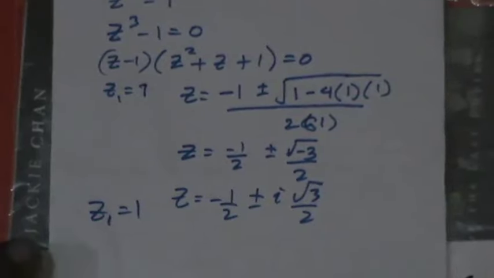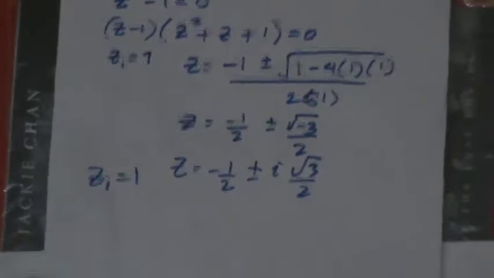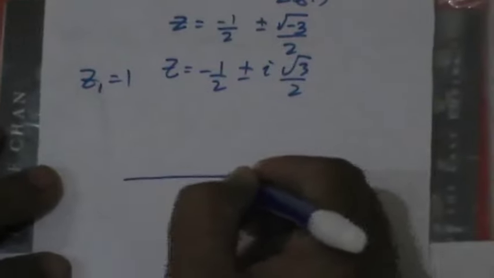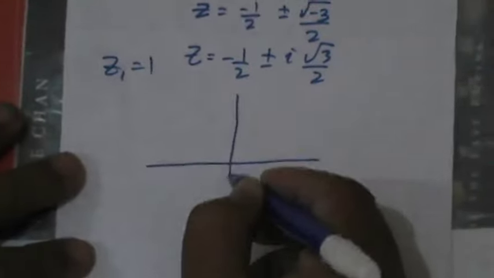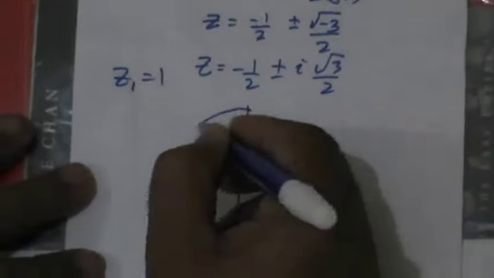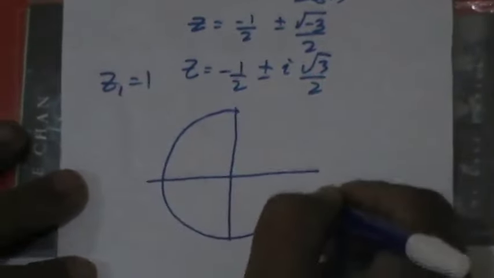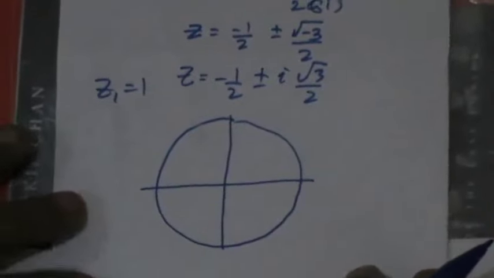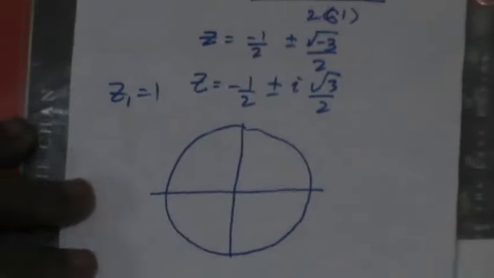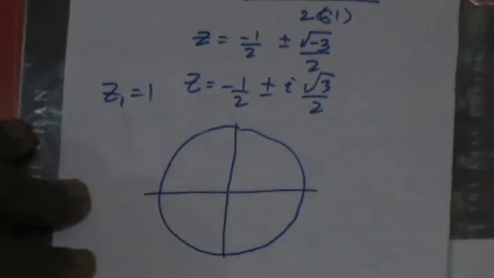Now, let's draw this in our Cartesian plane, in our Argand diagram, and after which, let's get the properties. For example, this is our unit circle. If that is our unit circle, the first one is z equal to 1.